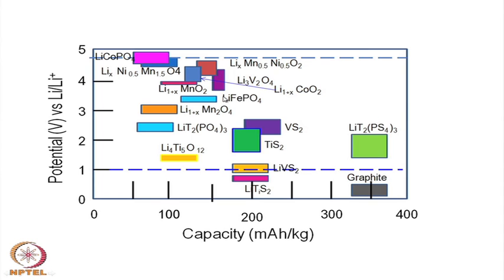Then we have alternative materials, material structures. In fact, we have discussed 3 different structures. One is the layered structure oxide, cobalt oxide, CoO2 is an example of that, an important member of that, and then we have a spinel structure, which is basically the Mn2O4 structure, and the third one is an olivine structure.